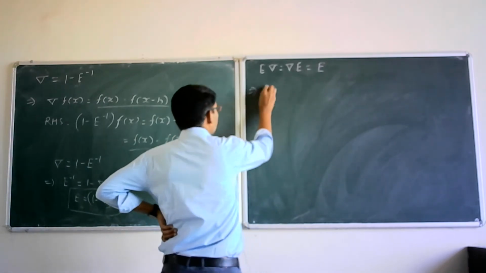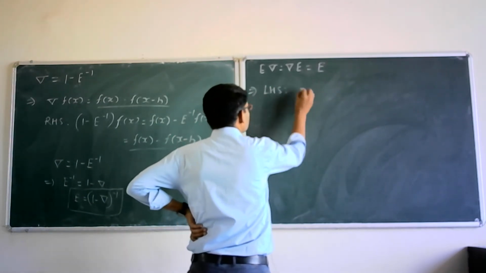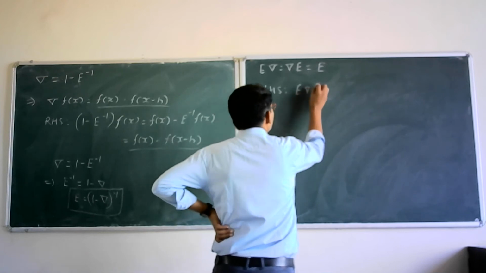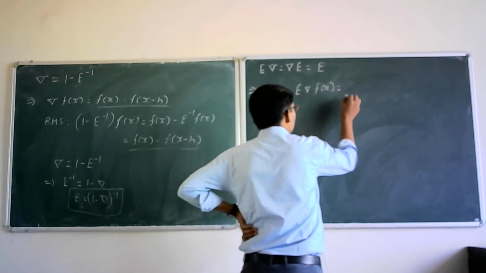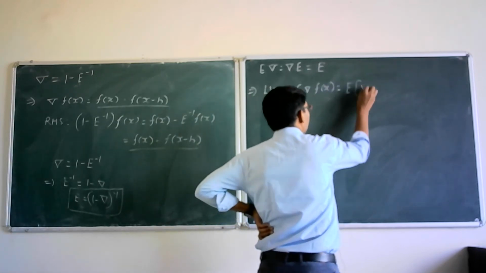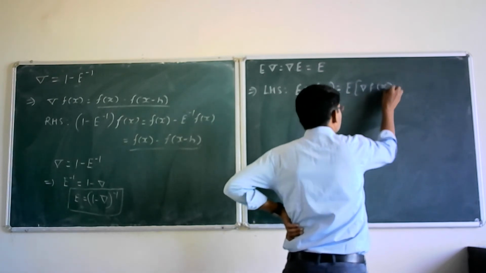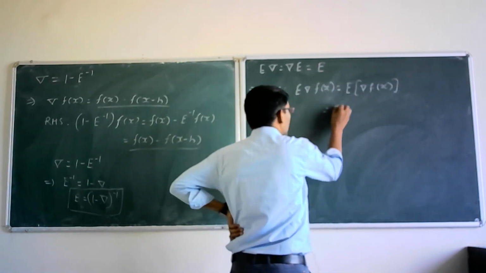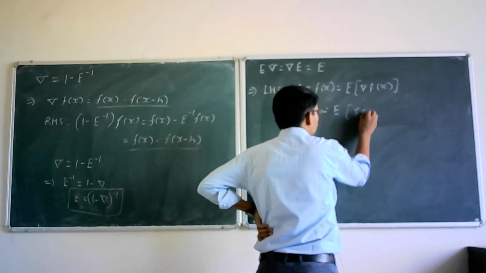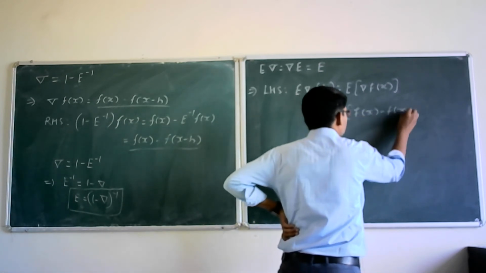So if we start from the LHS, consider E del f of x. So what is del f of x? It is equal to f of x minus f of x minus h.